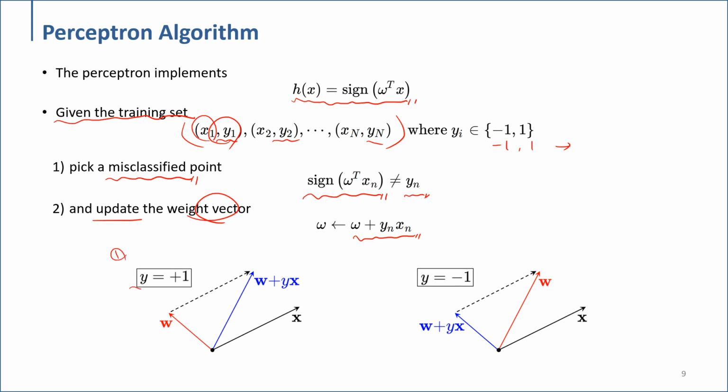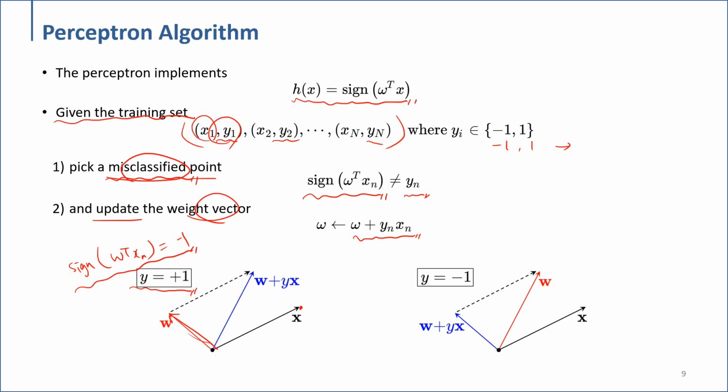For the case where the true value is +1, the meaning of a misclassified point is that our prediction is -1. So for that, we need to change our model to predict this value as +1.